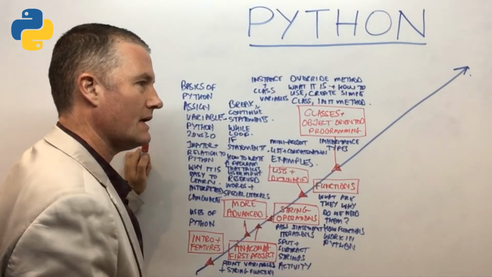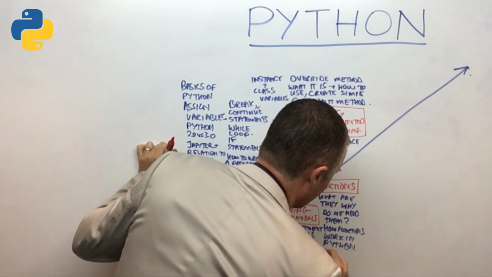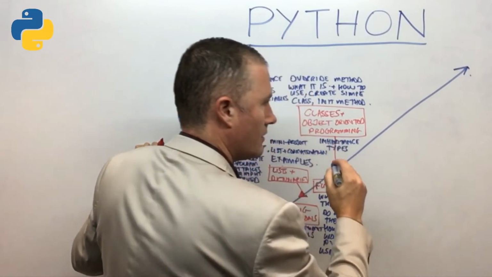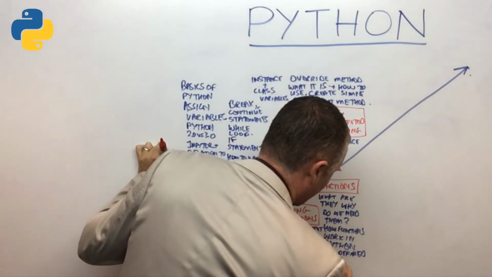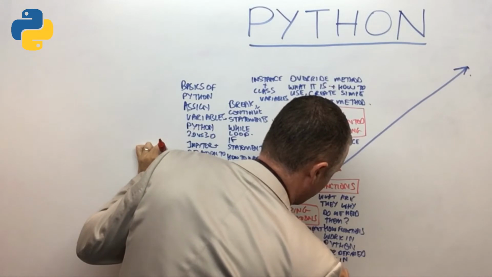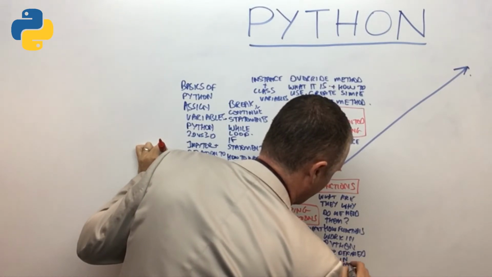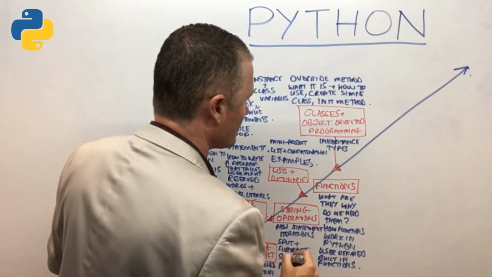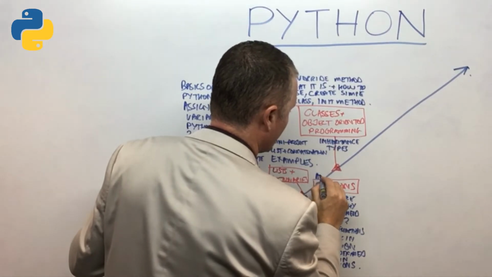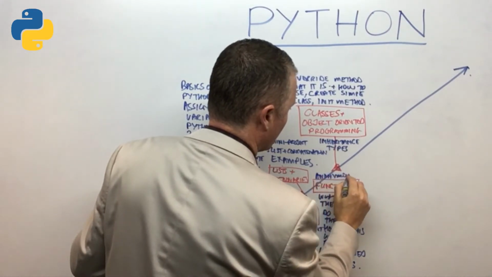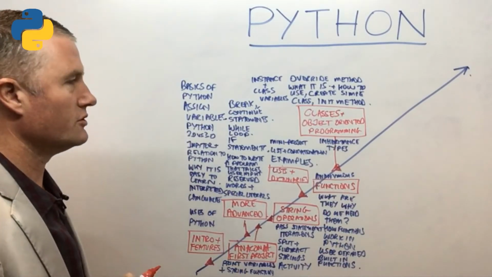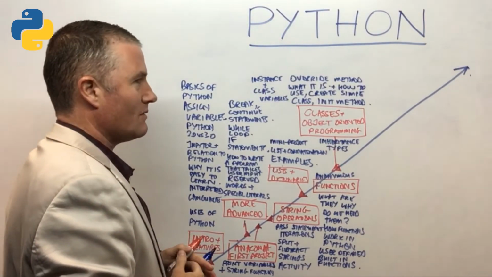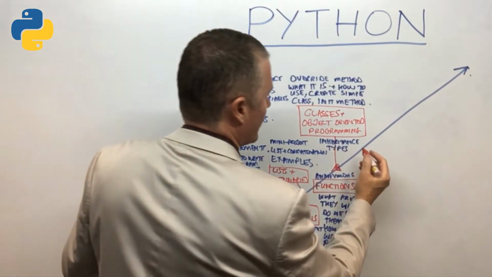All right, and then you get what's called user defined and built-in functions. Okay, and you also get a thing called anonymous functions. Right, so that's all to do with functions in Python. Right, then we get into what's called exception handling.